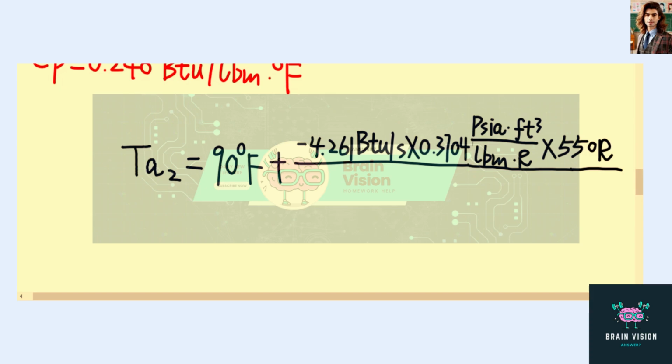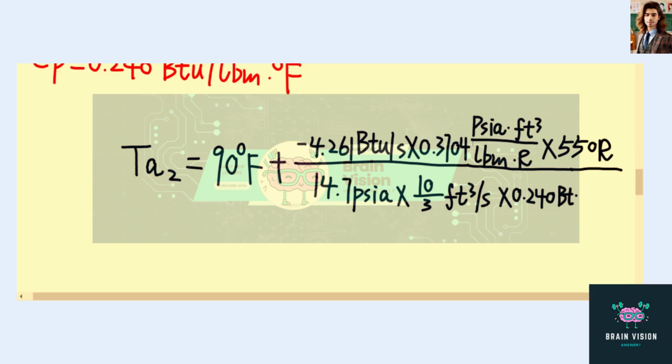And then over 14.7 psia, and then multiply by 10 over 3 feet cubed per second, and then times the specific heat for the air, which is 0.240 British thermal units per pound mass times degree Fahrenheit.